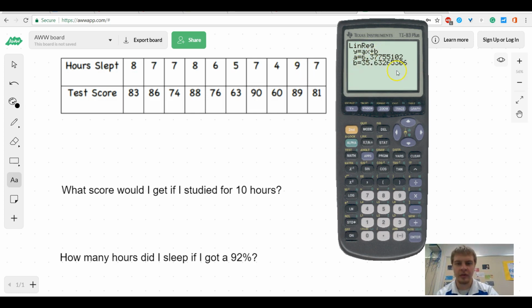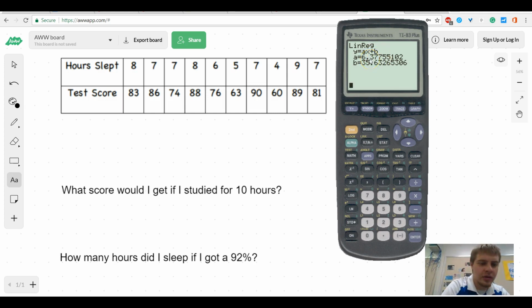So let's write down our line of best fit. It looks like our slope is 6.3, and I'm going to round this to the hundredths place, which is the second decimal point. This is your tenths, so that's my hundredths, and the 7 is going to tell it to round up.